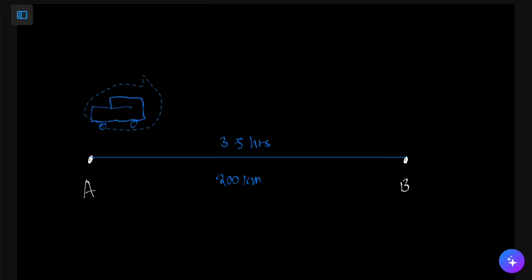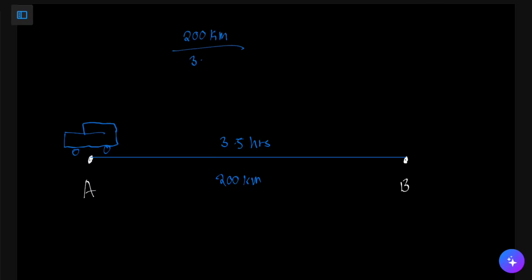So, if you are familiar with this, you already know what to do. You're just gonna simply divide the total distance by the time it took for you to go from point A to point B. So that is just 57.14 kilometers per hour. So that is ganyan kakabilis pumunta from point A to point B.